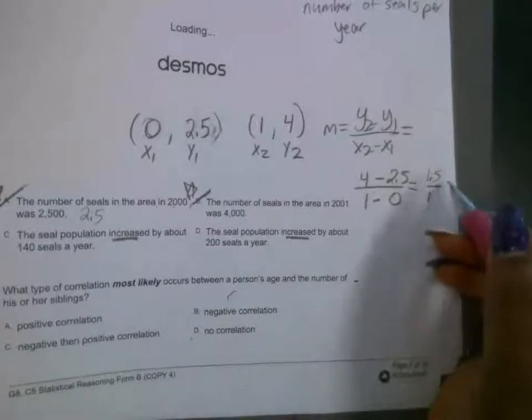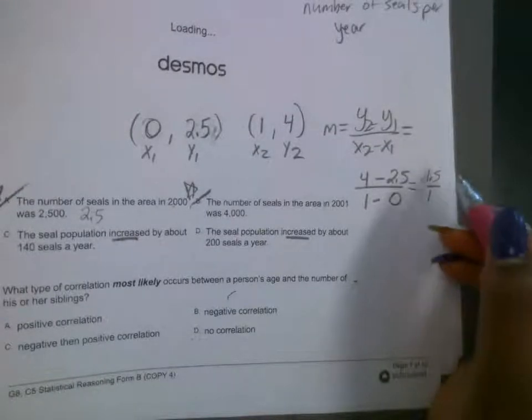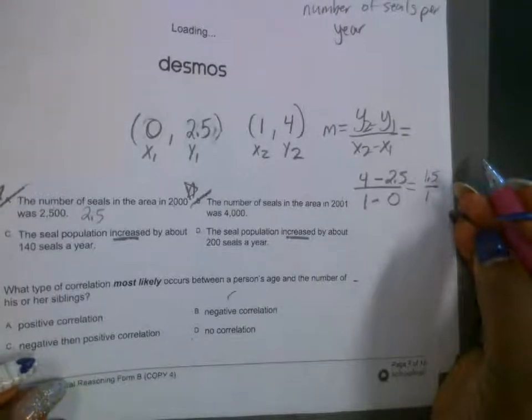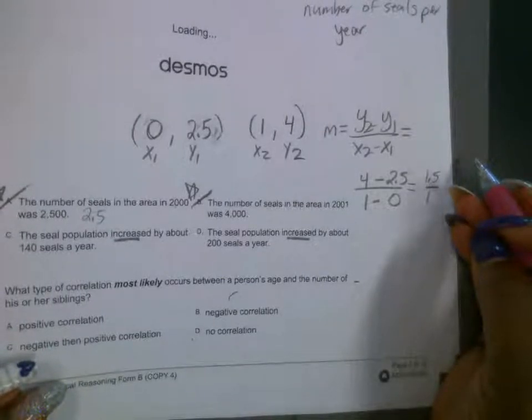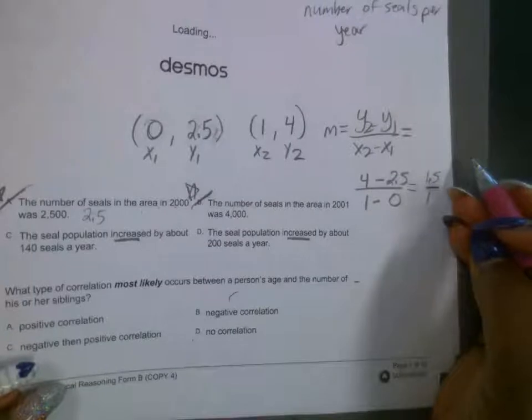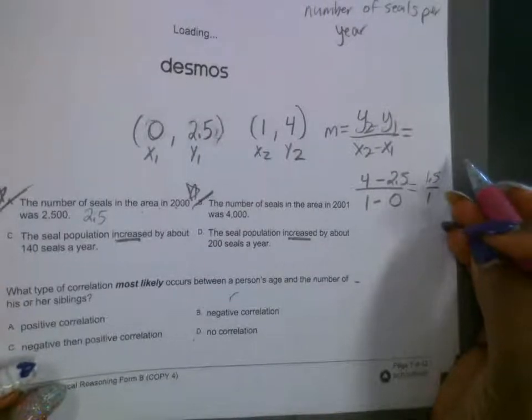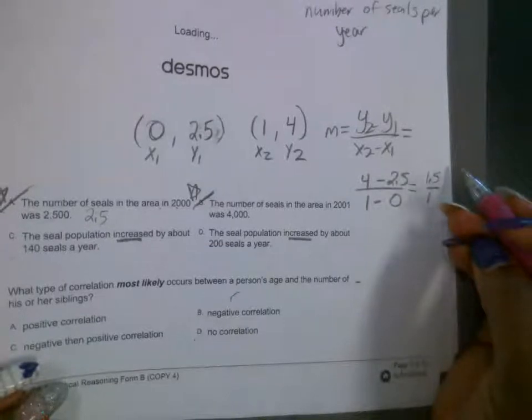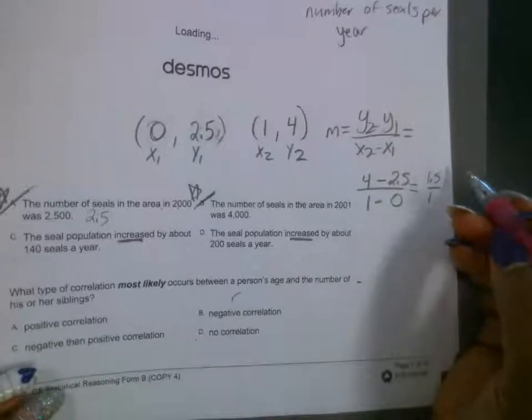So this one is going up by 1.5 thousand, so that's 1,000. Wait, why is it doing that? It can't be. So no, that's not.